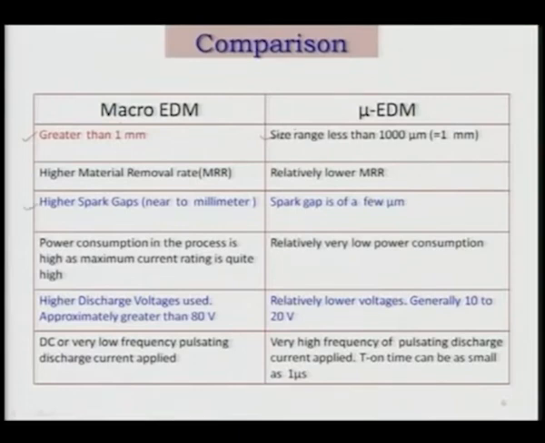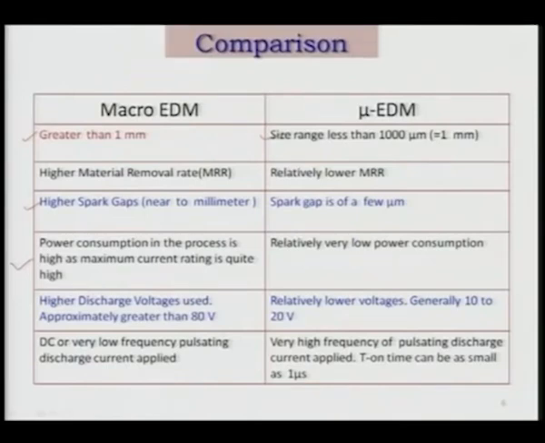Then higher spark gap: the gap between the tool and workpiece is normally larger, and the potential applied is also larger, so the spark gap is also larger in macro EDM as compared to micro EDM. Power consumption in the process is definitely high in macro EDM compared to micro EDM. Higher discharge voltage is used, approximately greater than 80 volts in macro EDM, while it is just 20 volts or less than 20 volts in micro EDM.